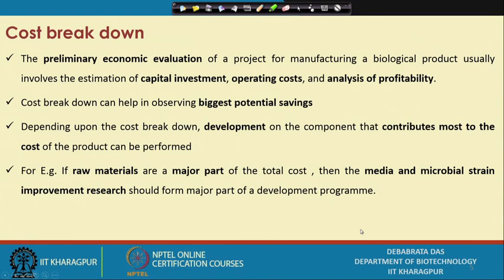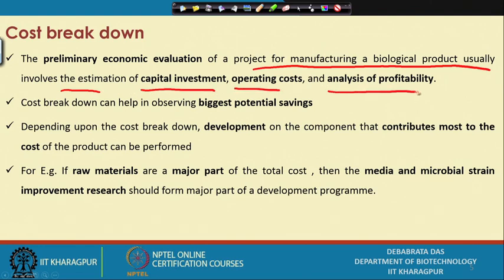Now, cost breakup, as I pointed out, the preliminary economic evaluation of a project in manufacturing of biological products usually involves the capital investment, operating cost, and analysis of profitability. These are the three things we shall have to do. I have some example at the end, and I shall show you how we can do that.